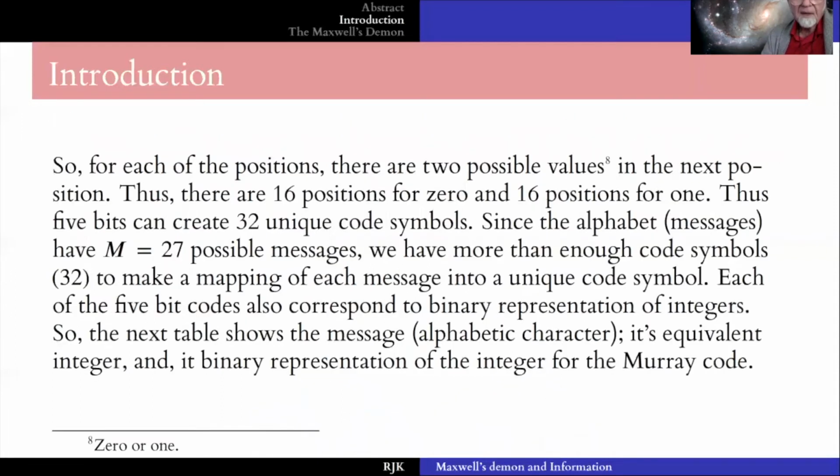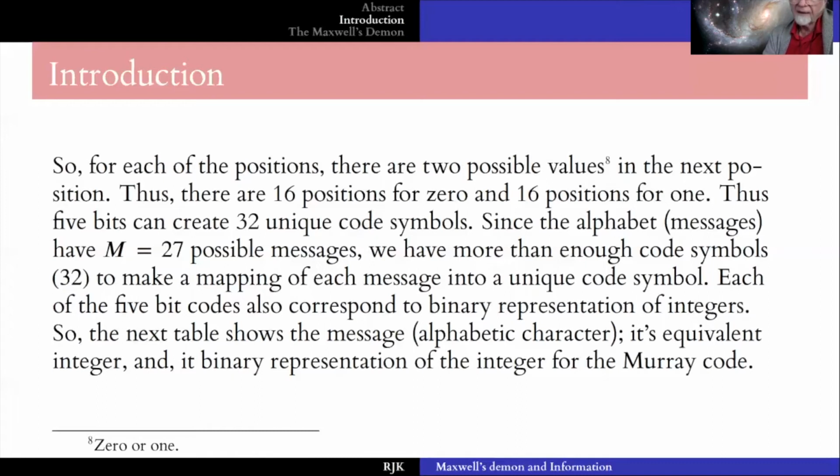So in each position, there's 2 possible values, and 16 positions for 0, 16 positions for 1. 5 bits can create 32 unique code symbols. So if our messages are 27 possible alphabetic characters and space, we have enough room in our code symbols to make a mapping of each message into a unique code symbol.